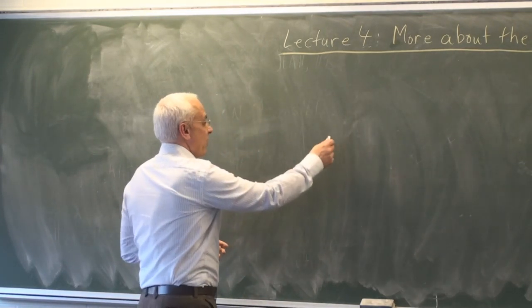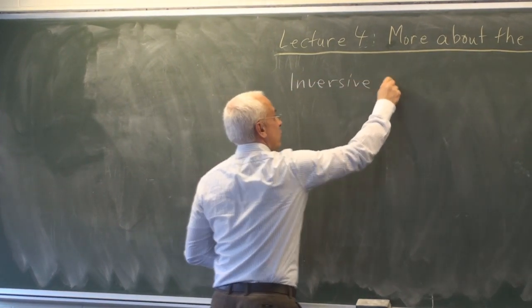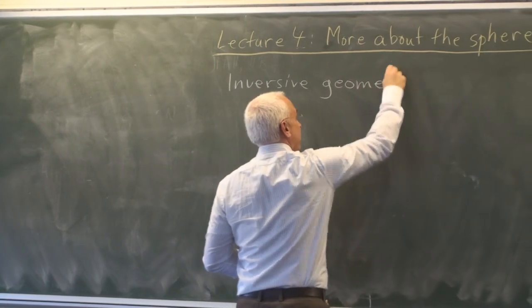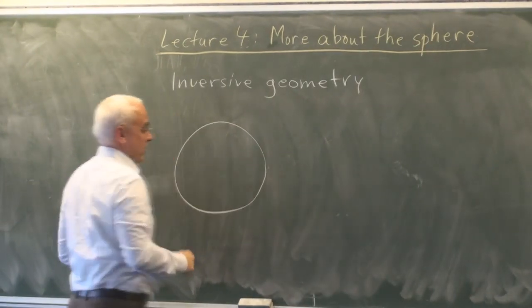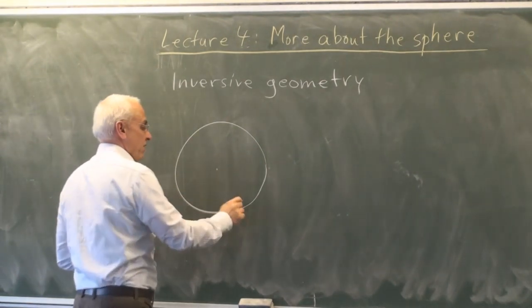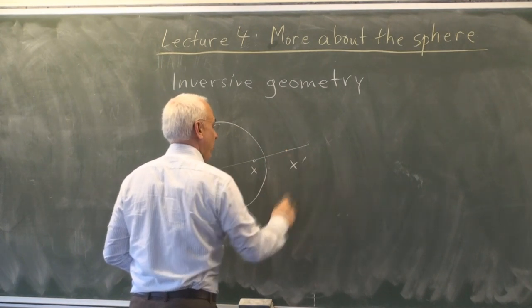So let me remind you that with inversive geometry, we had a circle. It was a rather arbitrary circle, and we had the idea of inversion in the circle, sending a point x to another point x prime.